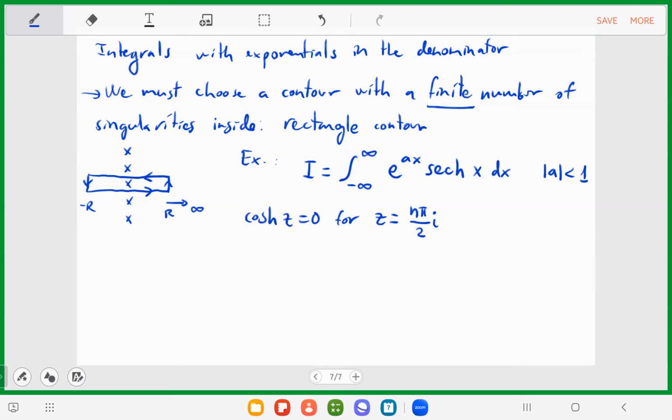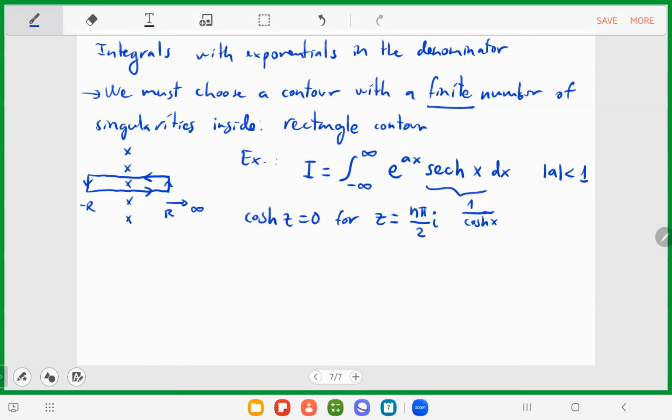And since the hyperbolic secant is 1 divided by the hyperbolic cosine, the zeros of the hyperbolic cosine are the singularities of this function. Notice that it's multiplying this other exponential, which is always analytic everywhere.